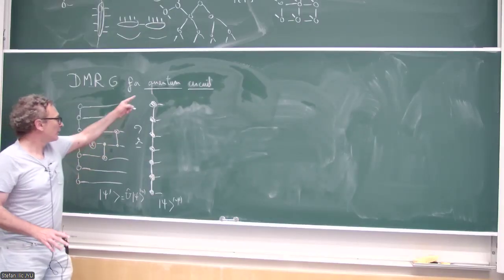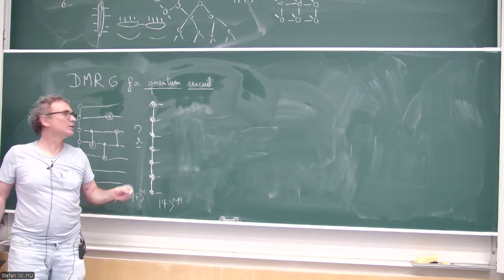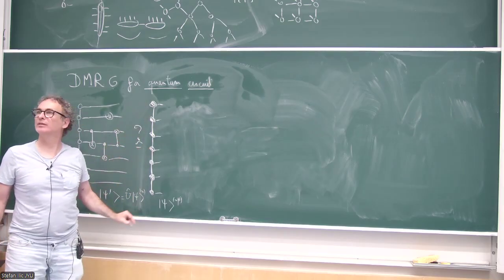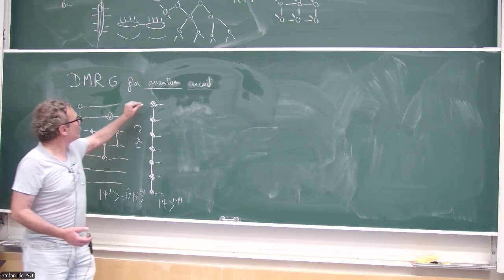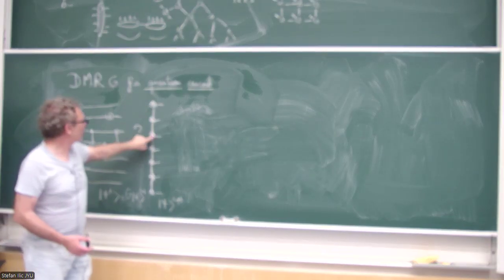We are going to start with a state here, let's say random. Each of these tensors is random, for instance. And then we are going to sweep through the tensors one by one. Let's say I'm considering this one.